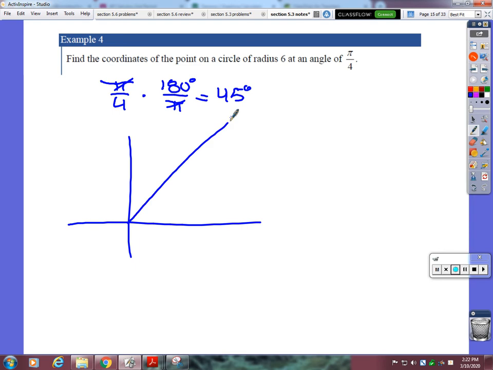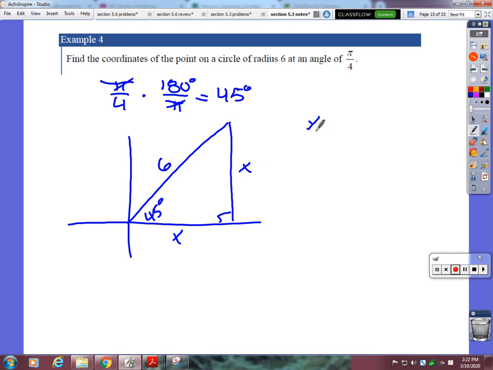So if the radius now is 6, and I've got a 45, 45, 90. This is a little bit not as fun as when you know one of the legs. But if the radius is 6, then I can call these sides, I don't want to freak you out by calling the up and down one x, but they're both the same, right?